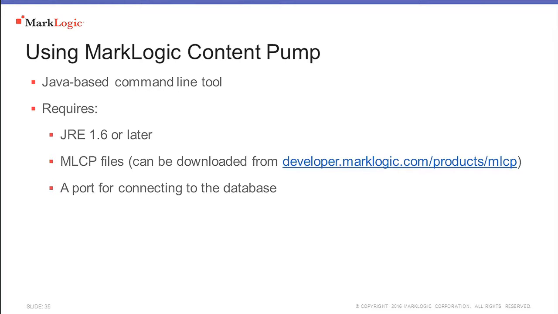All you do is bring them down and unzip them. That's it. And then we need a way to talk to our database. We need a port for communicating with our news database. So what we're going to do now is set up this port, and then we'll be able to use MarkLogic Content Pump to load documents through that port.